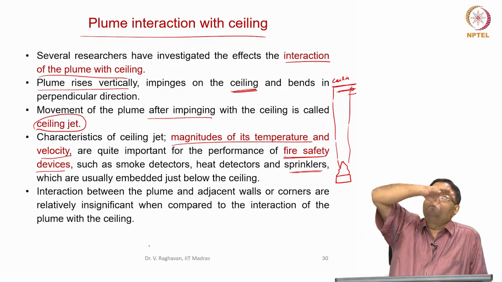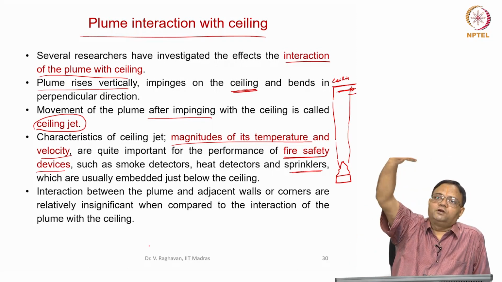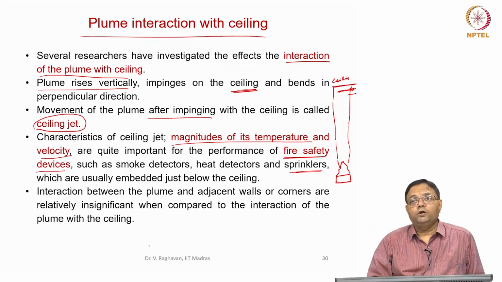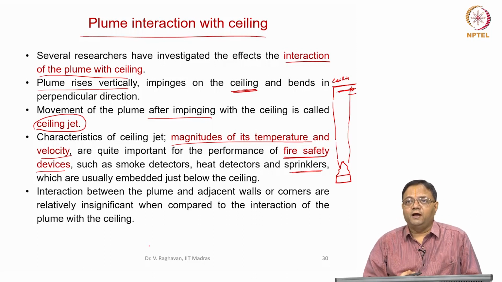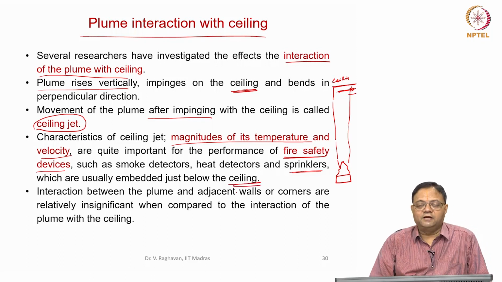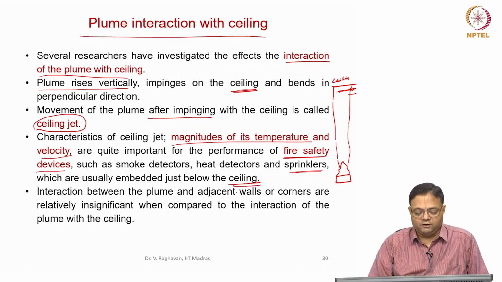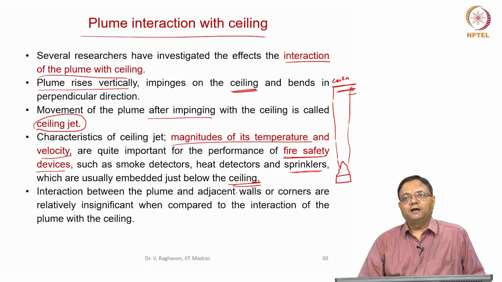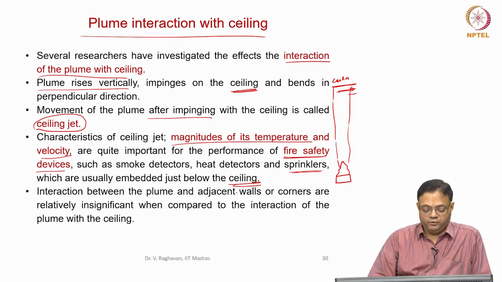That means the detectors will be able to detect the occurrence of a fire by sensing the temperature etc. of the ceiling jet. So the ceiling jet is very important to understand. So what are the characteristics of the ceiling jet?